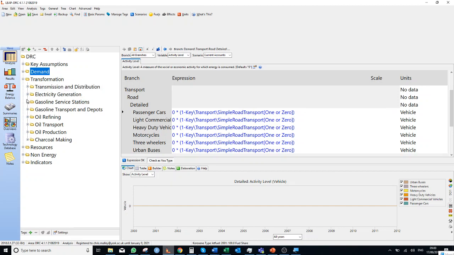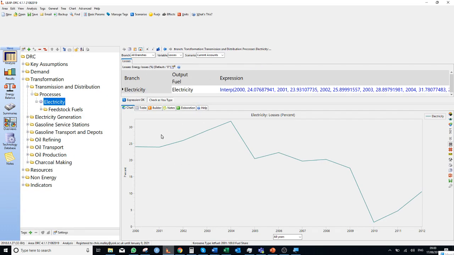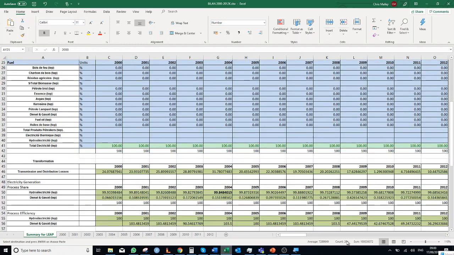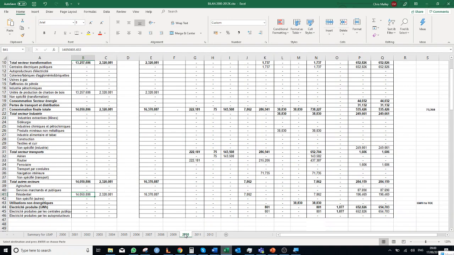So what we need to do for electricity generation is first put in our transmission and distribution losses. So we need to say how much electricity we are losing in transmission and distribution. And that data was available from the spreadsheet, from your energy balance. So I have calculated that here to calculate the percentage of electricity that is lost.